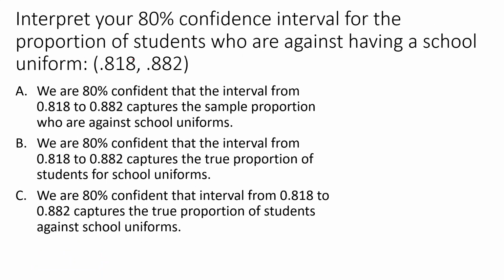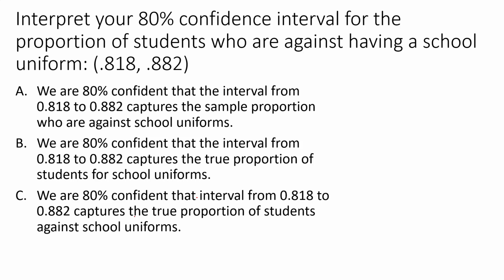All right, and how we would interpret this. Well, we'd start with we are 80% confident. Okay, they all have that. That the interval from that to that. I left out the word the here. Oh well. It's like, why is that one longer?